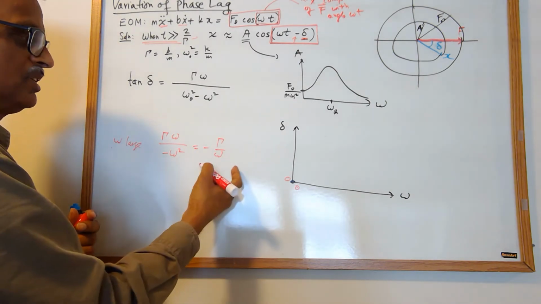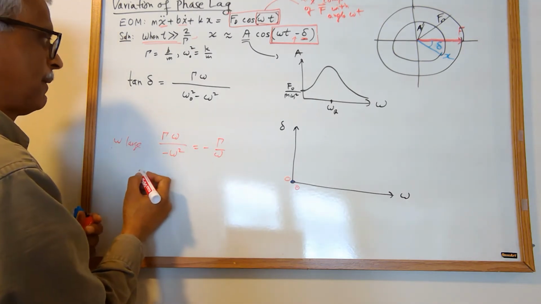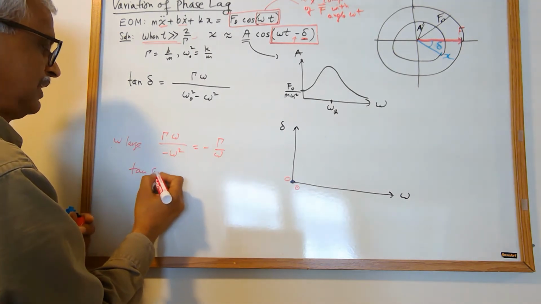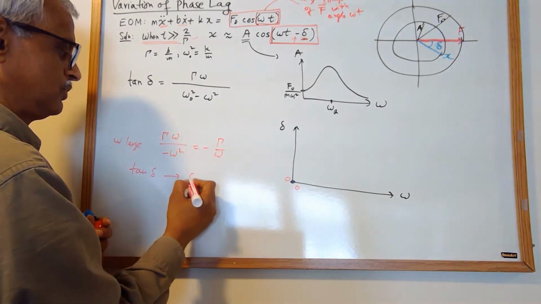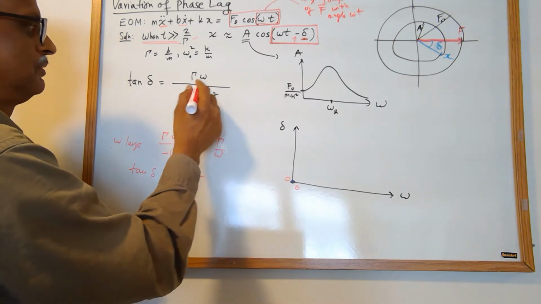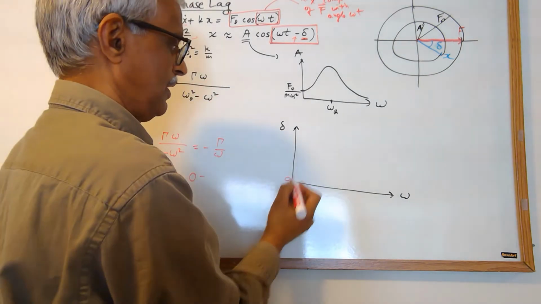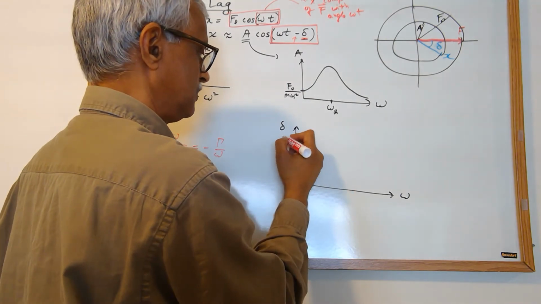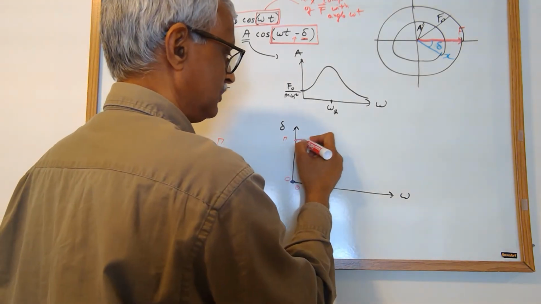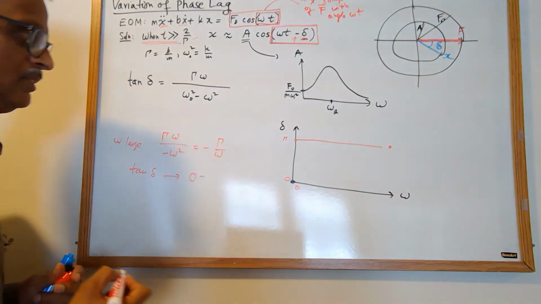So it's going to zero from negative, which means tangent delta is going to zero minus, unlike when omega is zero, it went to zero plus. So the delta is going to go to pi, and so over here is going to be pi. So we've got 2 points.